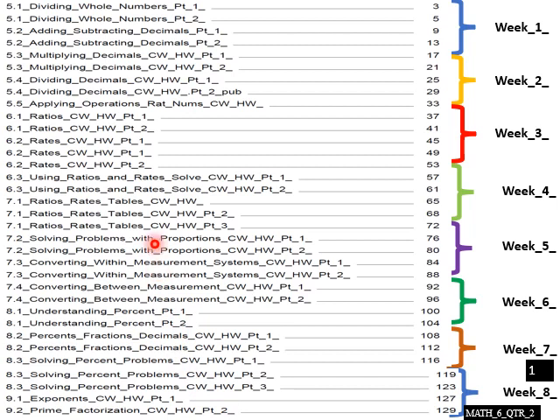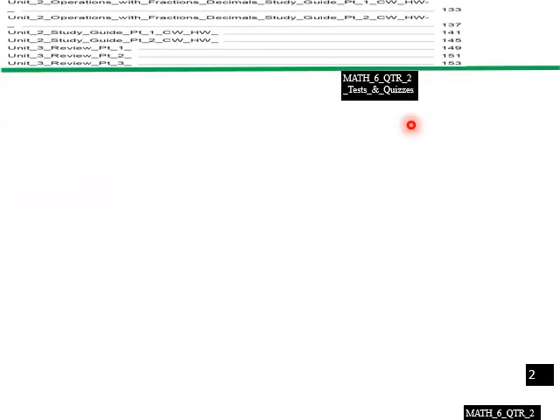So a lot of percents here, pretty much from the whole course to this whole quarter. And then we get into exponents, and then prime factorization. We'll get into that as well in week 8. And then finishing up week 9, we have operations with fractions and decimals.